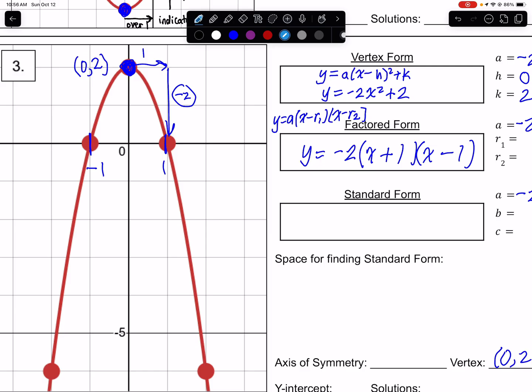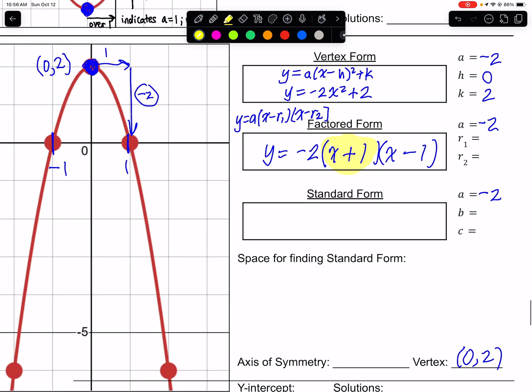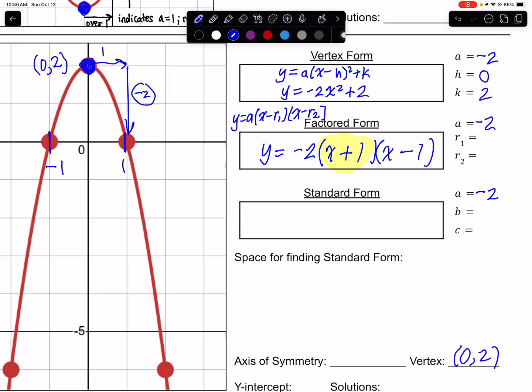So it's whatever makes this 0, that is the root. So like for that first term, that would be -1, and then for this one it'd be 1. Okay, and then now we want to think, hey, do either of those look like they're already basically in standard form? Factor form never really will, but vertex form, yeah.